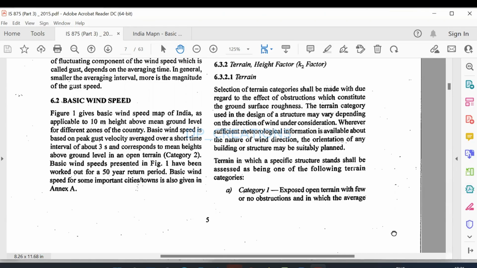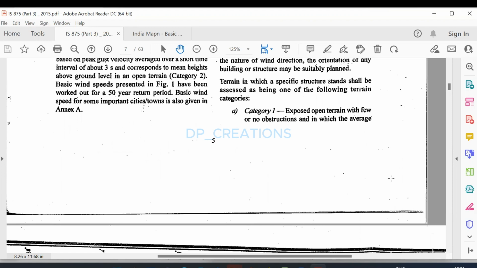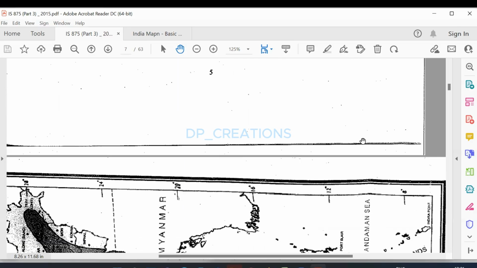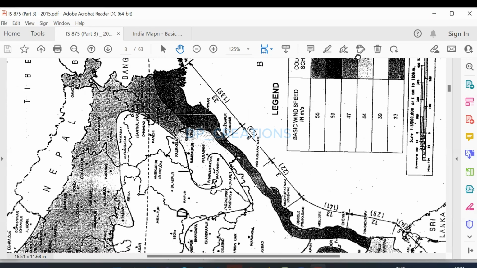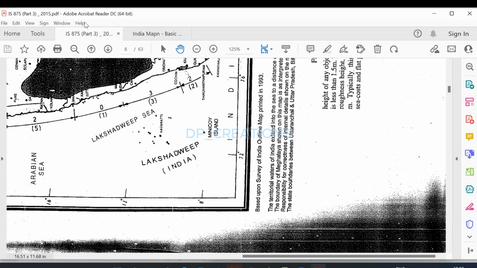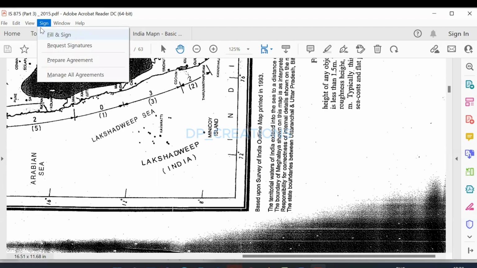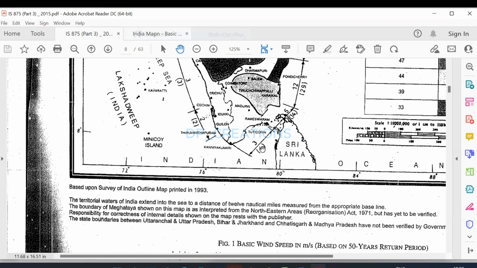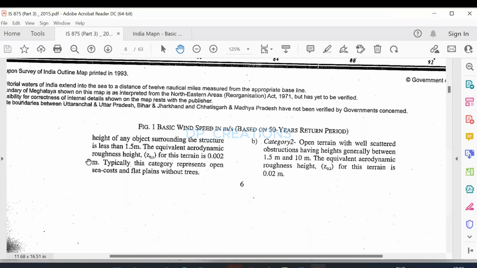Okay. Now category 1, exposed open terrain with few or no obstructions and in which the average height of any object surrounding the structure is less than 1.5 meter.